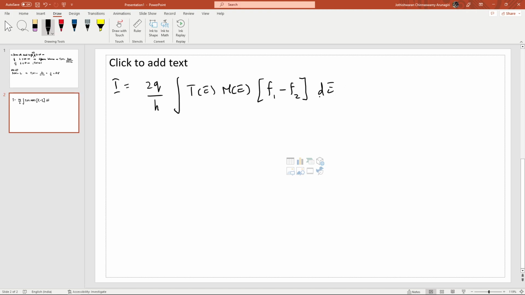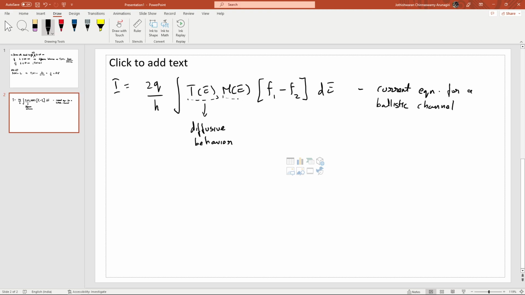So this is the current equation for a ballistic channel. Now, T of E is the transmission coefficient. This accounts for the diffusive behavior. And I've told you where and when to use this part.